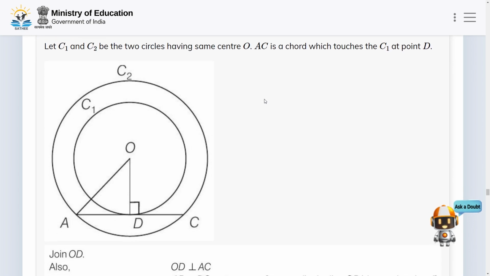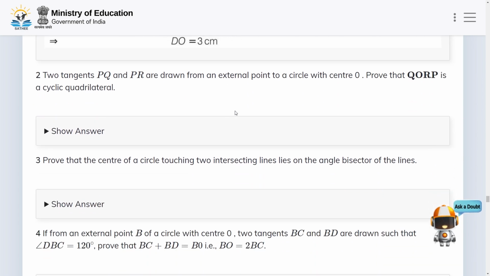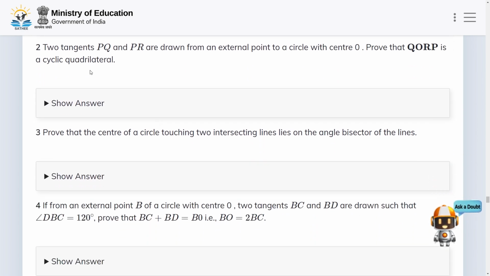Now let us move to the next problem. Here we have two tangents PQ and PR drawn from an external point P to a circle with center O. We have to prove that QORP is a cyclic quadrilateral. Let us see how to solve this problem.